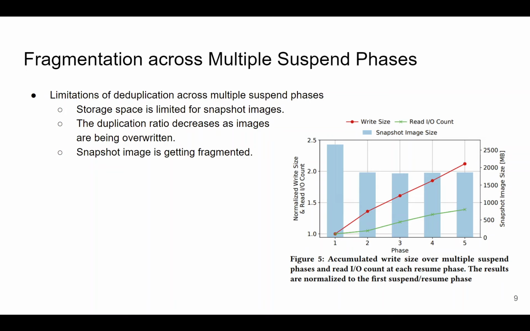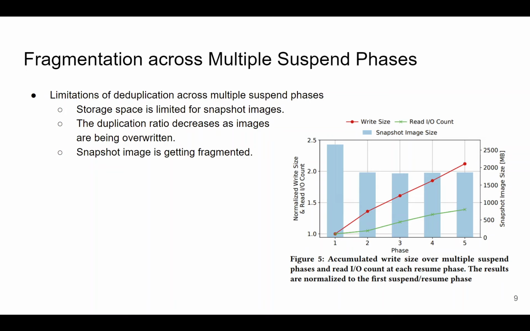In the previous slide, it is explained that duplication across multiple suspend phases could reduce write traffic. But we found there are some limitations to using that method. Snapshot images cannot be stored at some point due to space limitation. The unused space should be overwritten to overcome this limitation, but it decreases the duplication ratio.